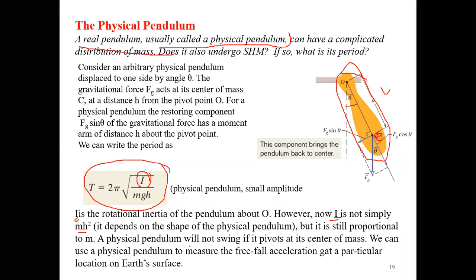A physical pendulum will not swing if it pivots at its center of mass. If you hang it there, it will not move. We can use a physical pendulum to measure the free fall acceleration g at a particular location on the Earth's surface.